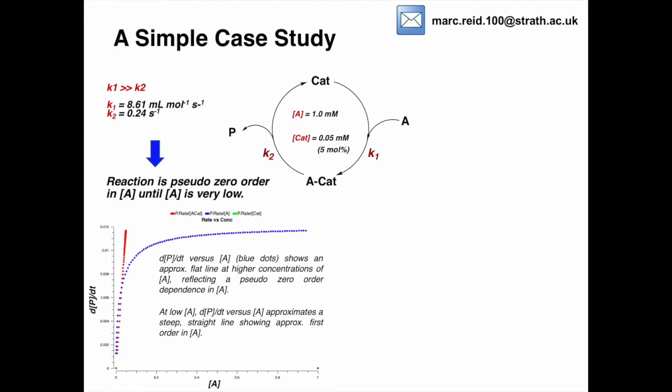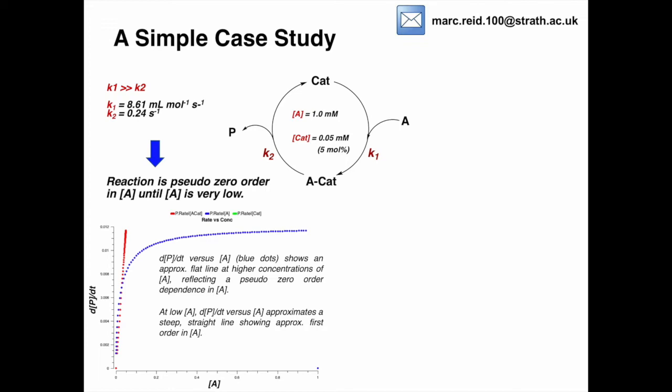Instead of looking at concentration of A versus time, let's look at the rate of formation of product versus the concentration of A. This will help with our understanding of this concept of pseudo-zero order in A for the case where step 2 is turnover limiting, and that was on slide 24.